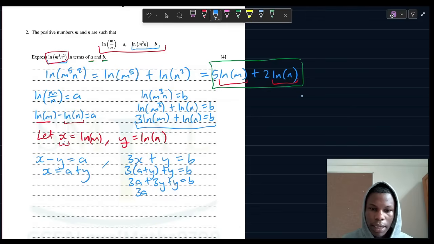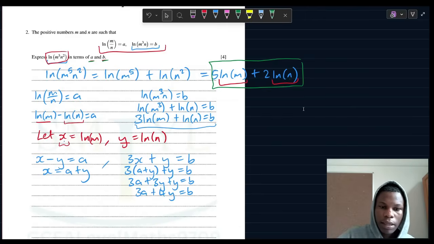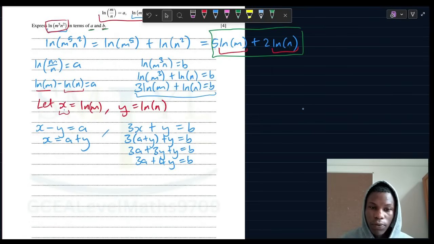And so 3a plus 4y is b. And here we want to solve for y. So 4y becomes, subtract 3a on both sides, you've got b minus 3a. Divide both sides by 4. You get y has to be (b minus 3a) over 4.